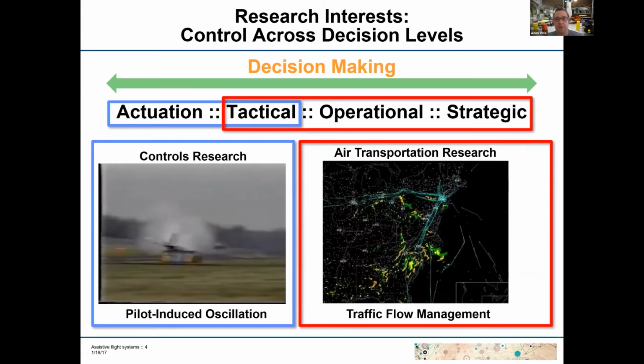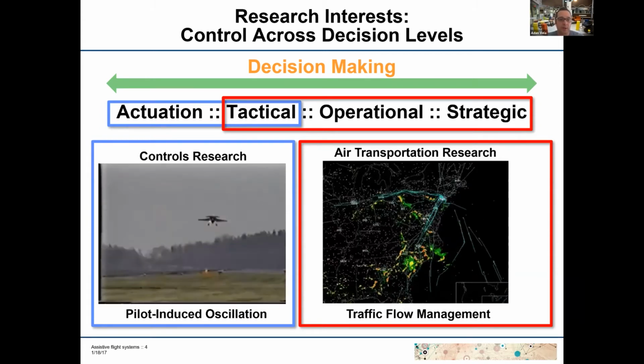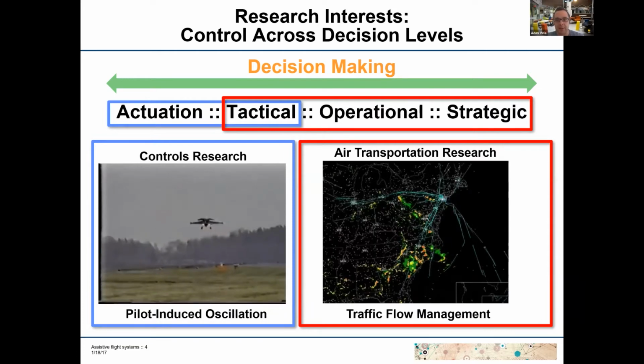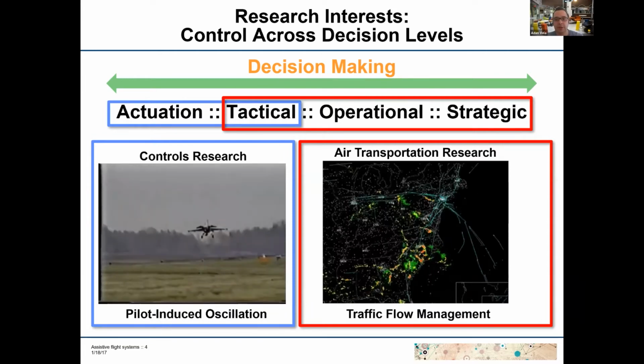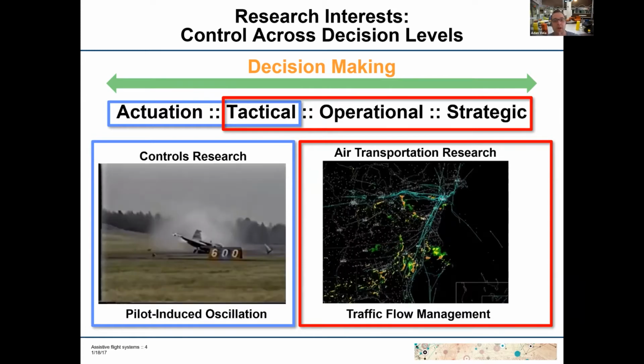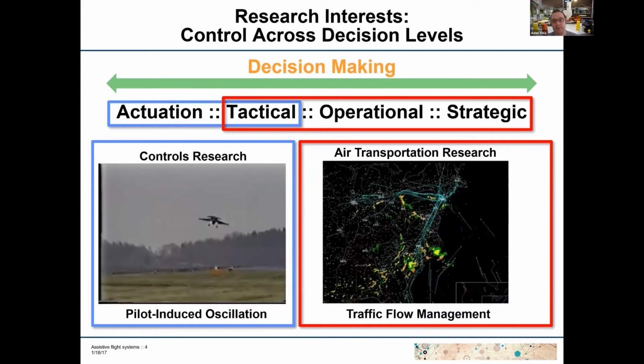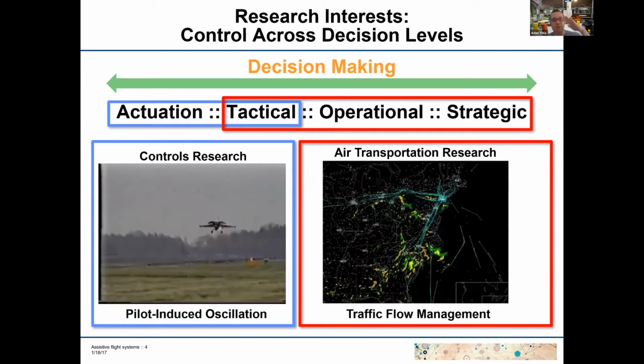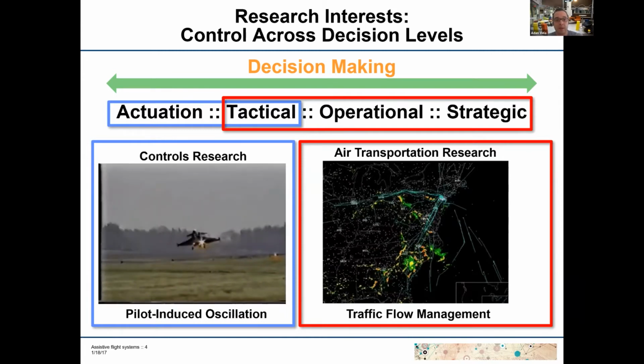The end result is that you'd have a lot of early fighter jets crash when pilots tried to land. And the solution to this was, hey, let's model how humans respond to their visual input and respond to the system in order to remove that pilot-induced oscillation.